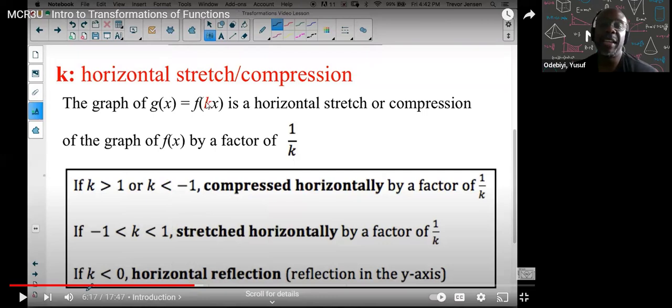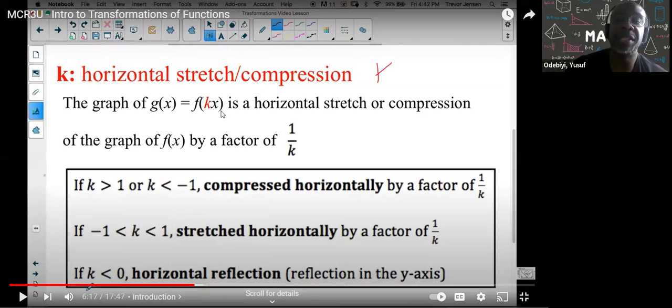So say my K is 3, just suppose it's 3, as an example. If K is 3, that means my factor is 1/3.